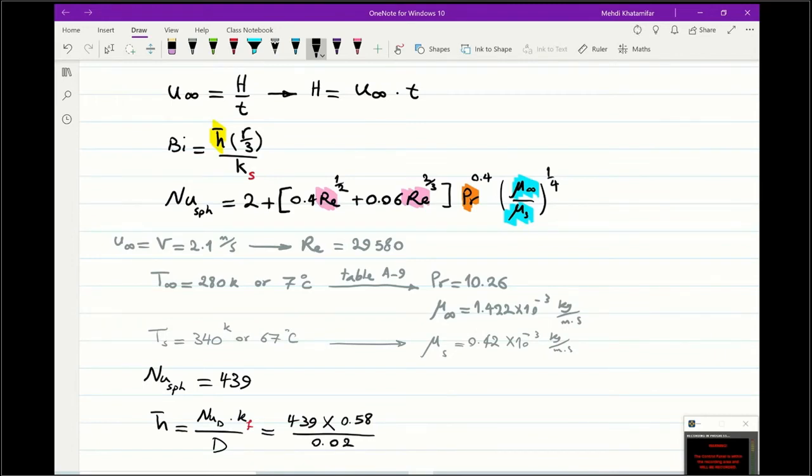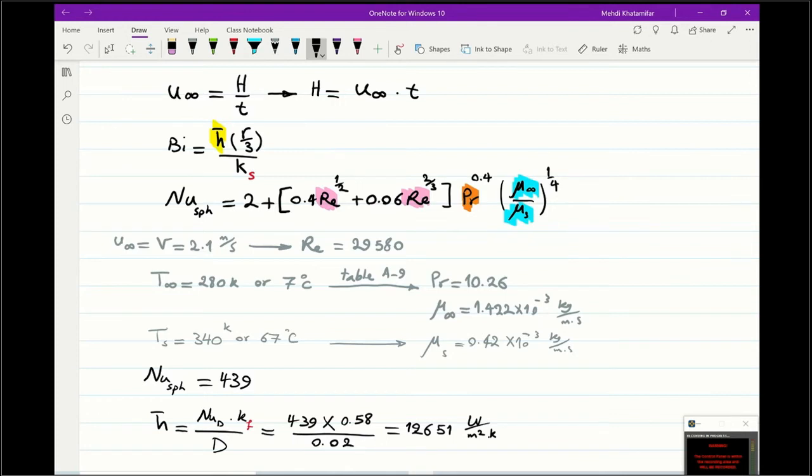So the convective coefficient is going to be 12,651 watt per meter square Kelvin, which is a huge number.